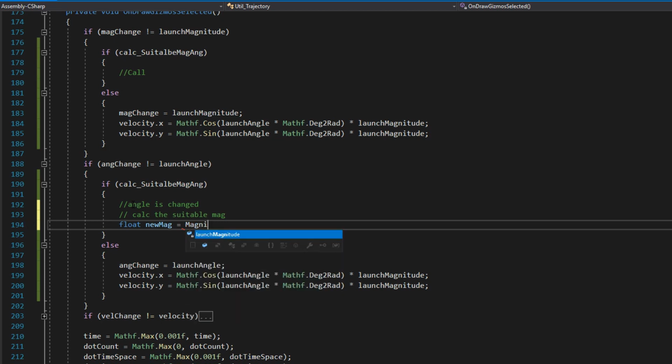So: magnitude to reach x, y in gravity at angle.